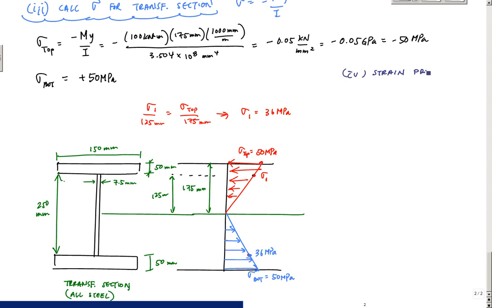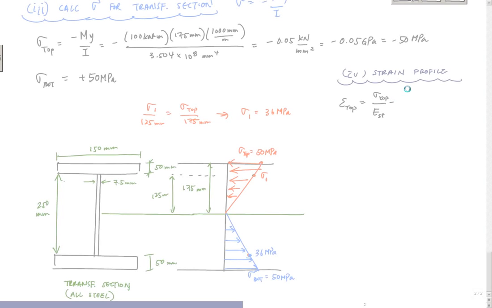We're going a kind of roundabout way, but you'll get the point after you see what's going on. If I want to calculate the strain at the top, I just take sigma top divided by the modulus of elasticity of steel, because all this material is quote-unquote steel.